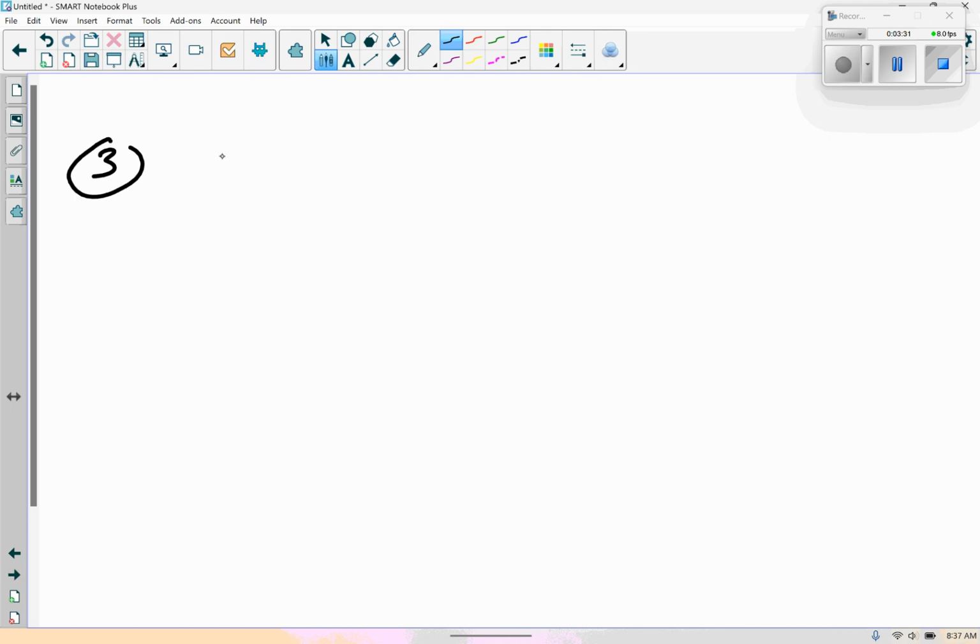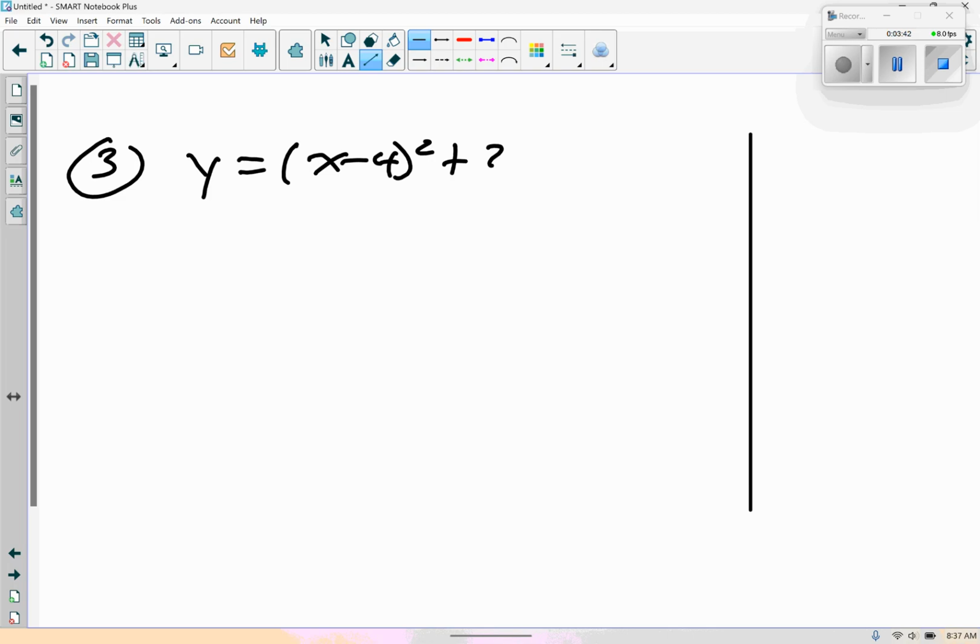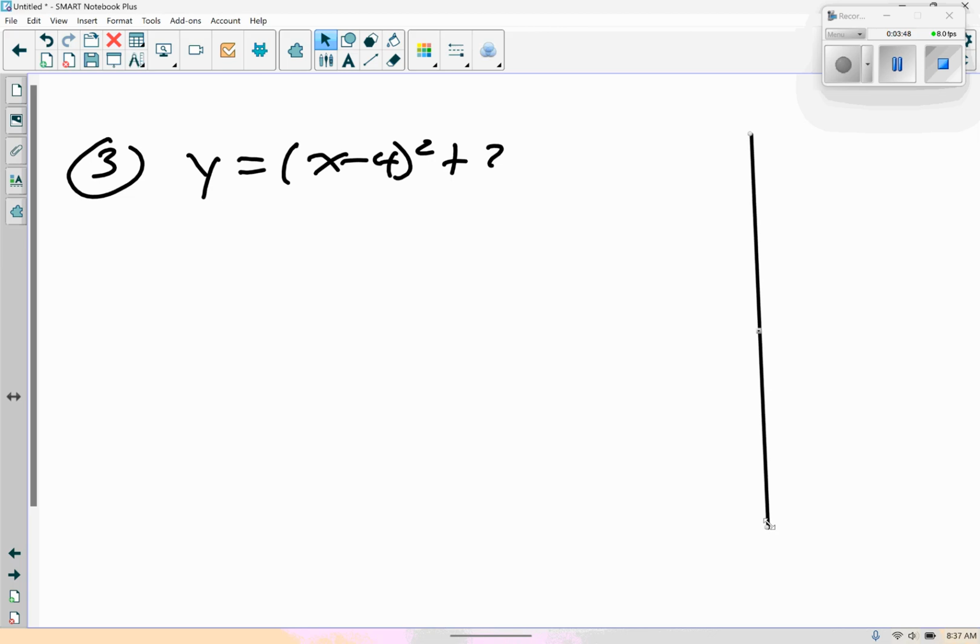Number 3, we have y equals x minus 4 quantity squared plus 2. Let's put our axes up. All right, so that's a 6.